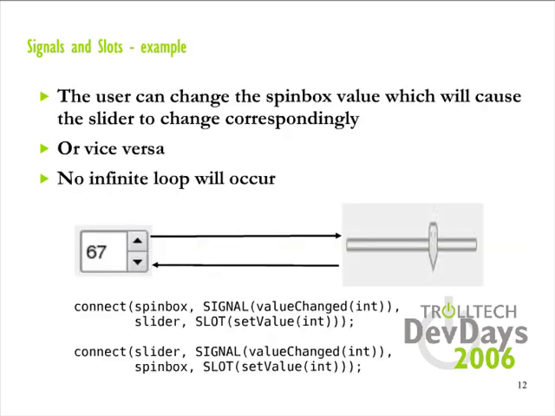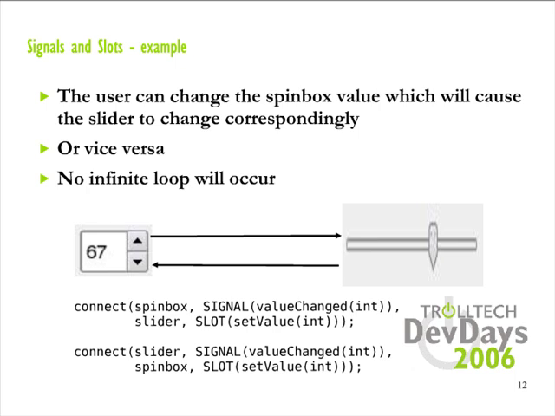Okay. So here's a very simple example. These are two standard Qt components, a spin box and a slider. They don't look very pretty, expanded and stretched by the display, but they do look pretty in a real application. And I've connected the spin box's valueChanged signal.